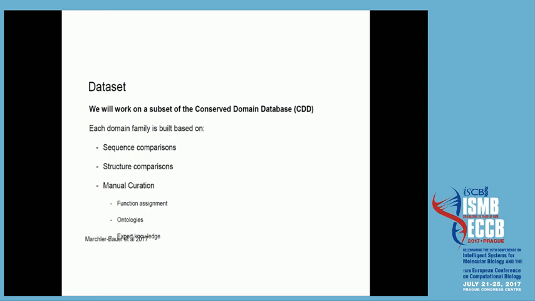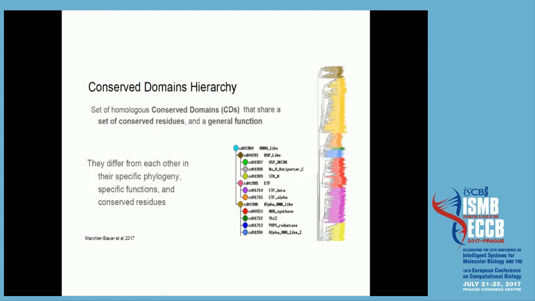That was the Conserved Domain Database, where each domain family is built based on sequence identity, structure similarity, and a lot of manual curation. That includes function assignment, ontology, and expert knowledge. So a conserved domain hierarchy has all the sequences, which are all homologs.